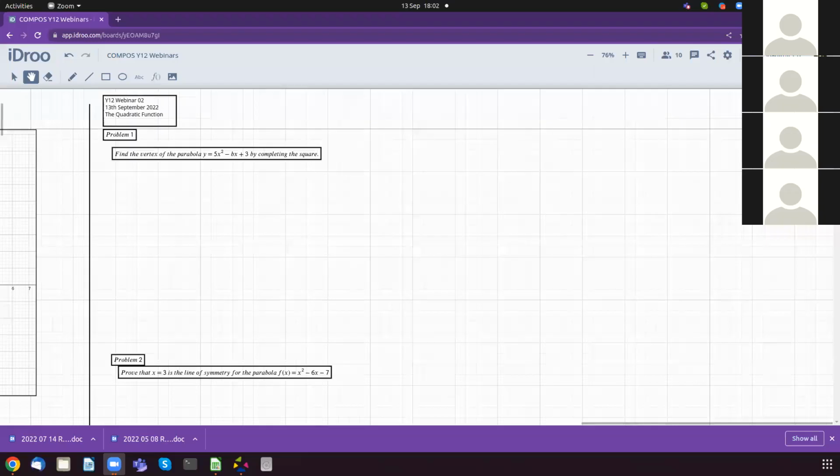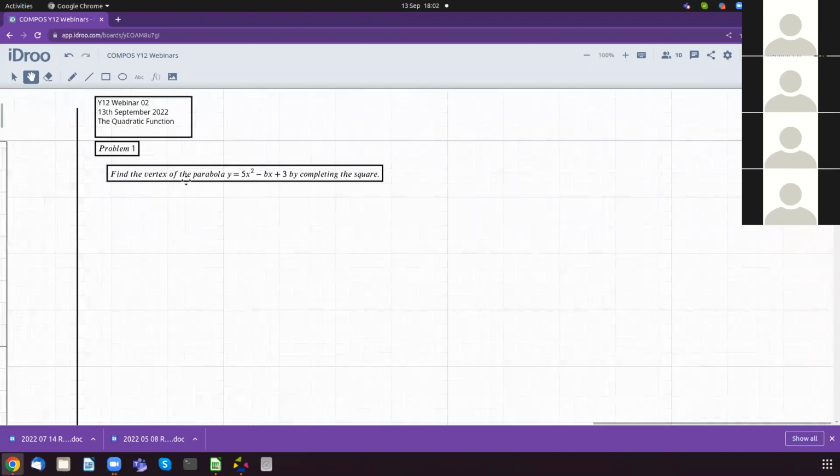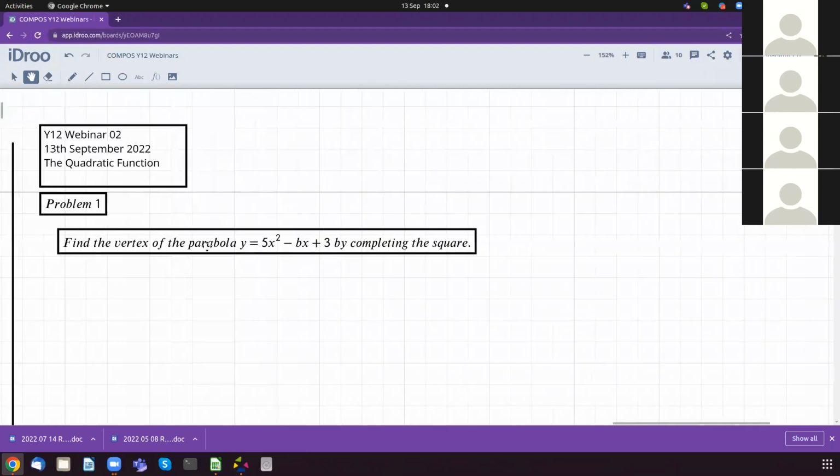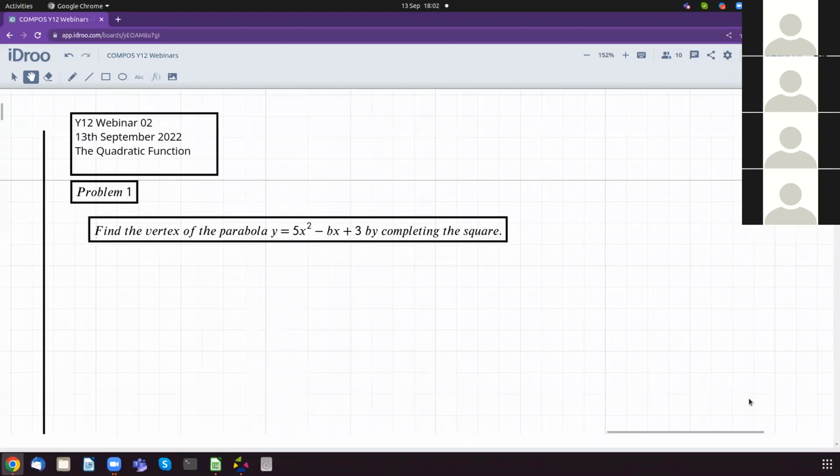Okay, so I'll share my screen and go through some questions. The first question. Find the vertex of a parabola by completing the square. There are different ways you can find the vertex of a parabola.